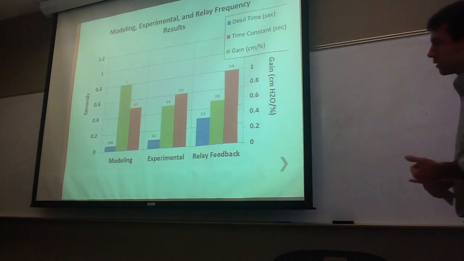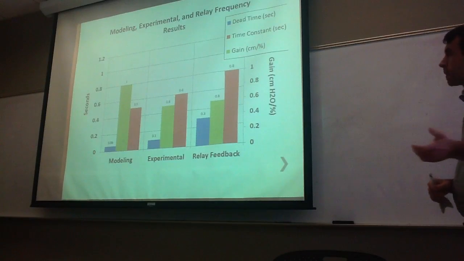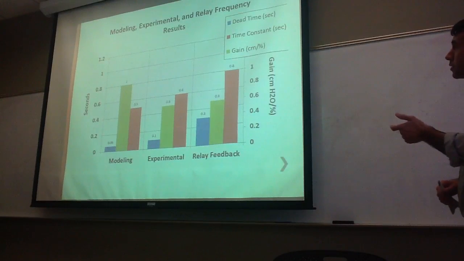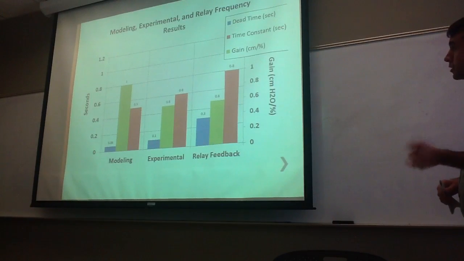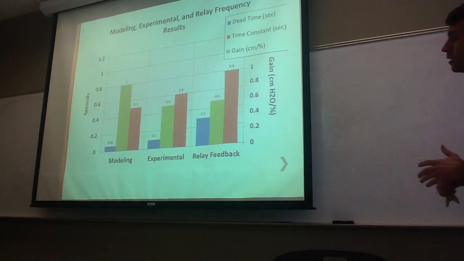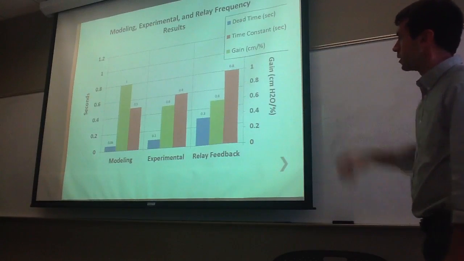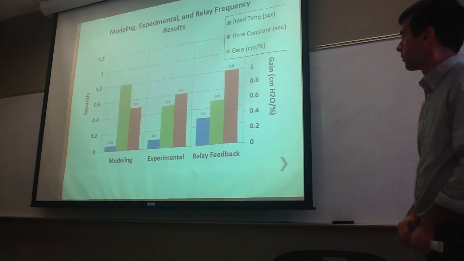And then with the modeling, experimental, and relay feedback, we wanted to compare all those as far as dead time, time constant, and gain. And we could really see how they vary with this plot right here.